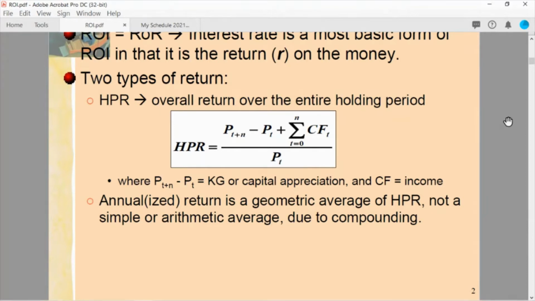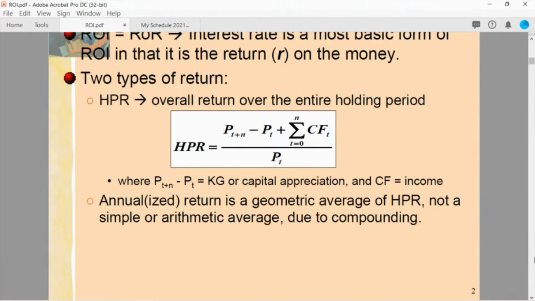Then you might think, oh, annualization is simply the annual average, so if I divide that by 20, then it must be 10% each year. No, that's wrong. Why?